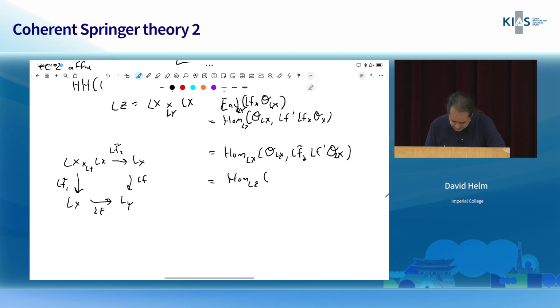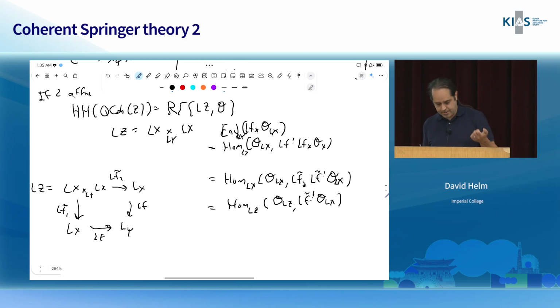And then we can just pull this back, and this becomes, let me say LZ. So Z is this guy, remember, or LZ is this guy. So this is O_LZ, LF tilde upper shriek, O_LX.